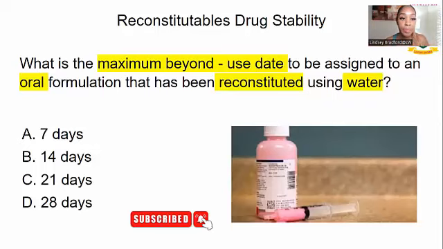So the expiration date was given by the manufacturer, and it was on the chicken when I purchased it from the grocery store. But the beyond use date I'm giving it is 7 days, because I don't want anybody to eat it after day 7, right?